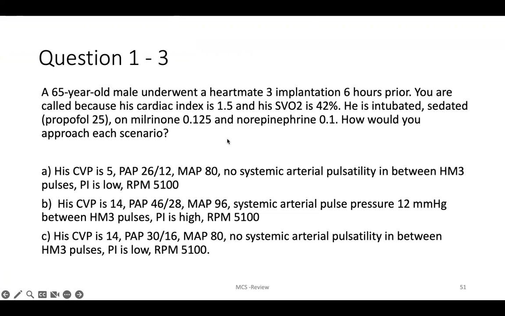How would you approach each scenario? His CVP is 5, PA pressures are pretty low. The MAP is okay, 80, no systemic arterial pulsatility in between HeartMate-3 pulses, PI is low, RPM is 5100.